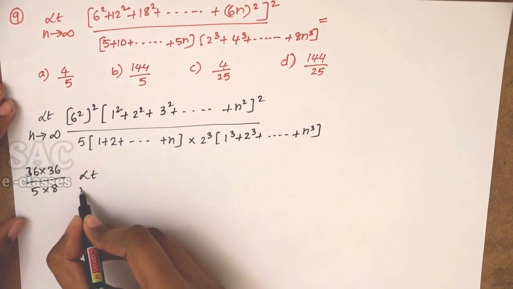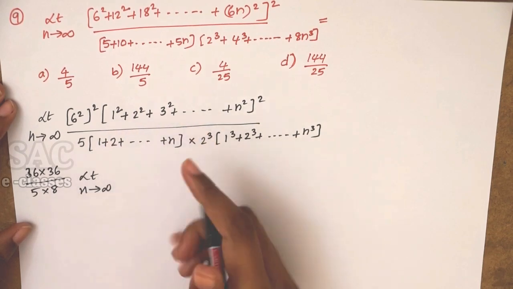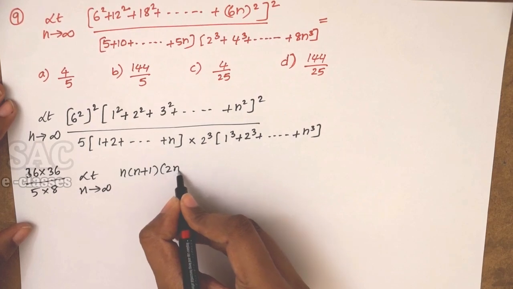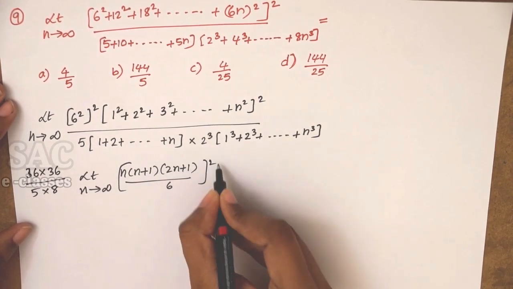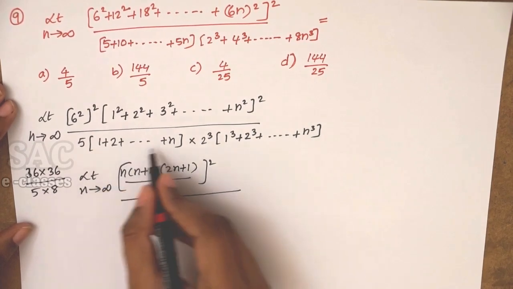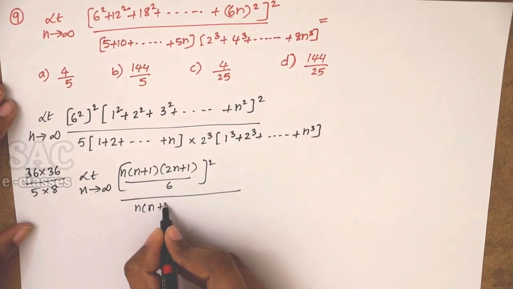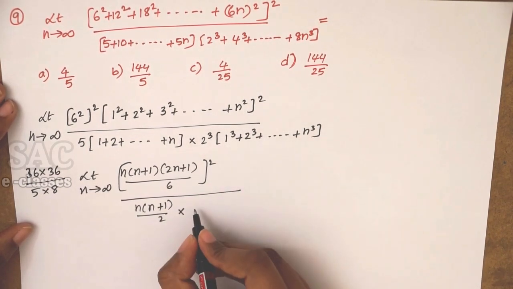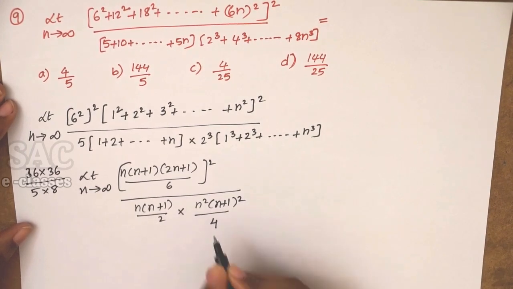Put it aside. Limit n tends to infinity. We know the sum of the squares formula: n into (n plus 1) into (2n plus 1) by 6, whole square, whole by, you know the sum of the first n natural numbers, that is n into (n plus 1) by 2, into the sum of the first n cubes, n square into (n plus 1) whole square by 4.